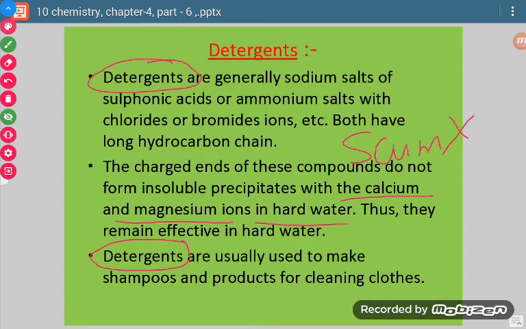So if there is some hard water or soft water and we are using detergent, then with the help of detergent we cannot tell whether this water is hard or soft, because detergents will work properly in hard water also and in soft water also.